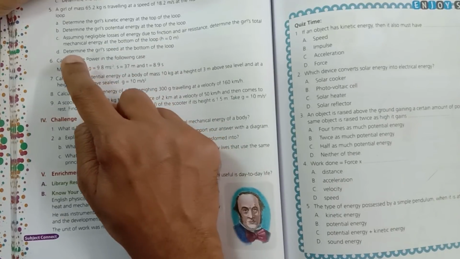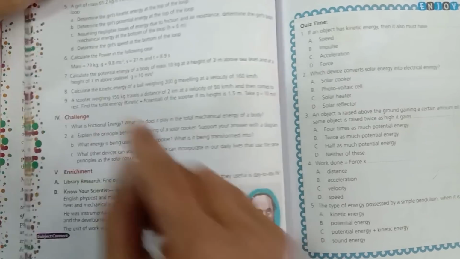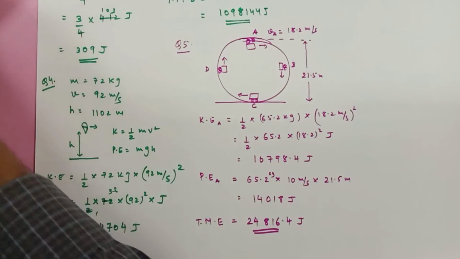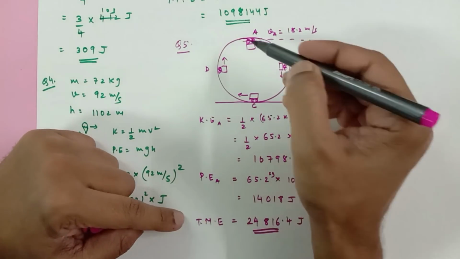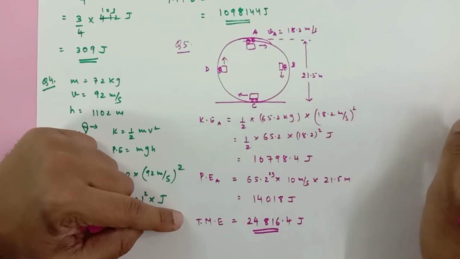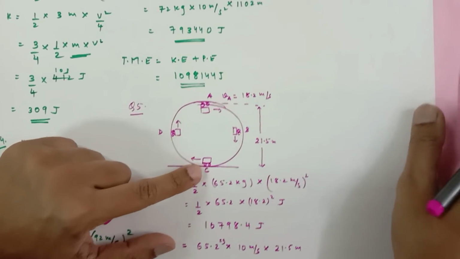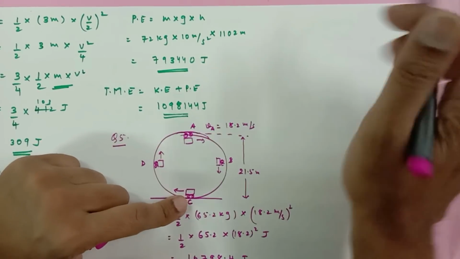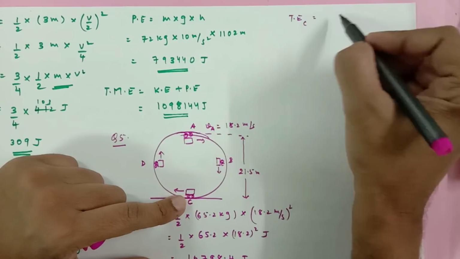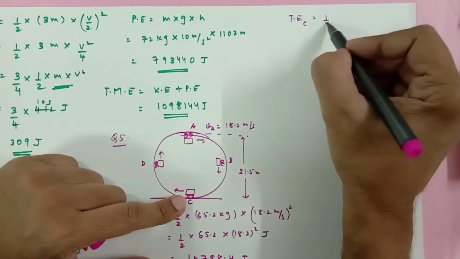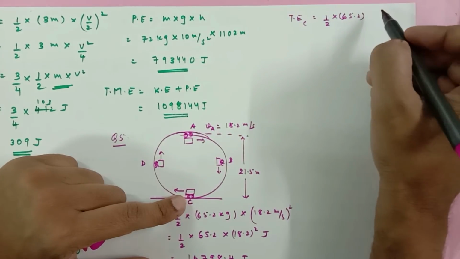at the top. Now we are supposed to find out the speed at the bottom of the loop, right? And we know that the total energy at A, B, C, D remains the same. So I know what is the total energy at point C. The total energy at point C is equal to kinetic, that is half into m is 65.2, and speed is v square.